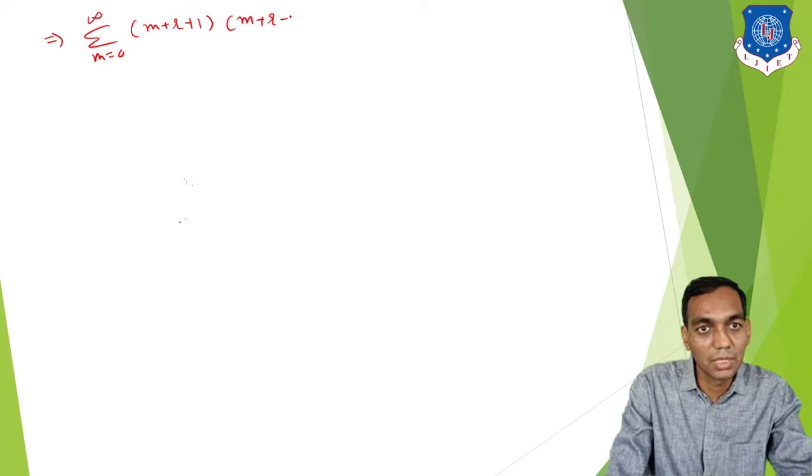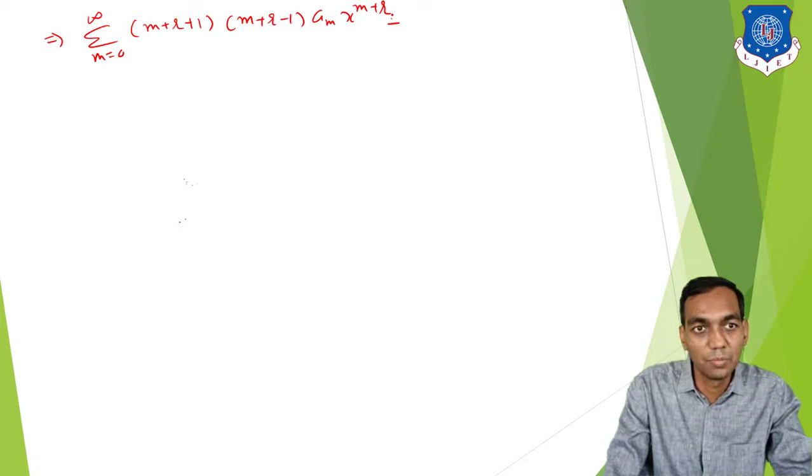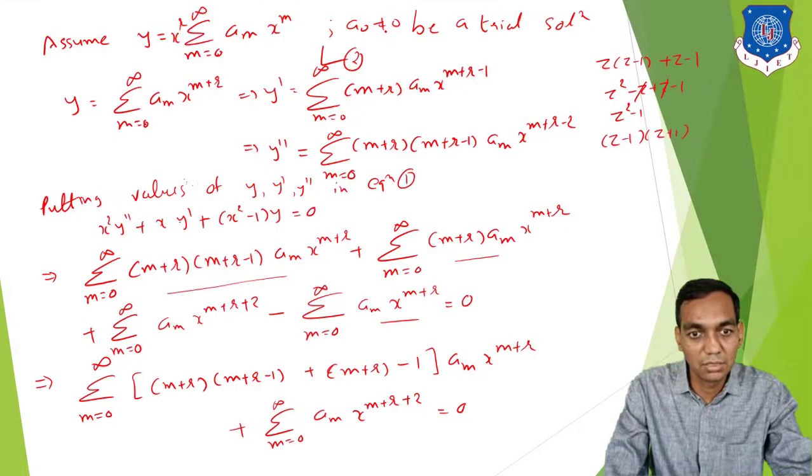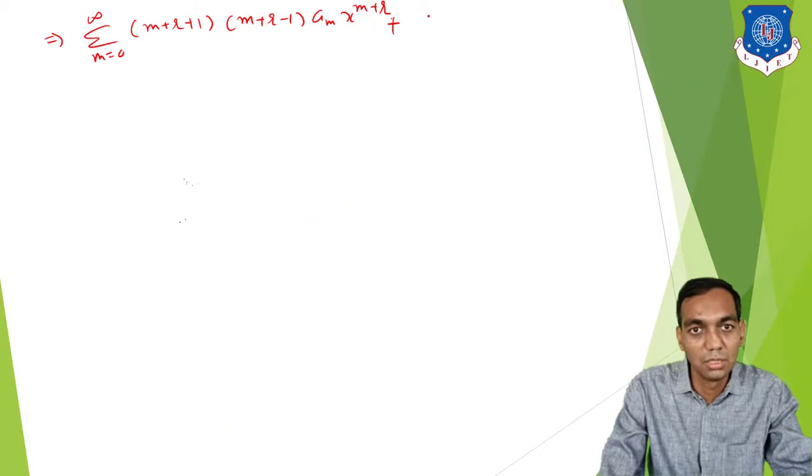So we are going to write it in a form of sigma m running from 0 to infinity (m plus r plus 1)(m plus r minus 1) am x raised to m plus r plus sigma m running from 0 to infinity am x raised to m plus r plus 2.